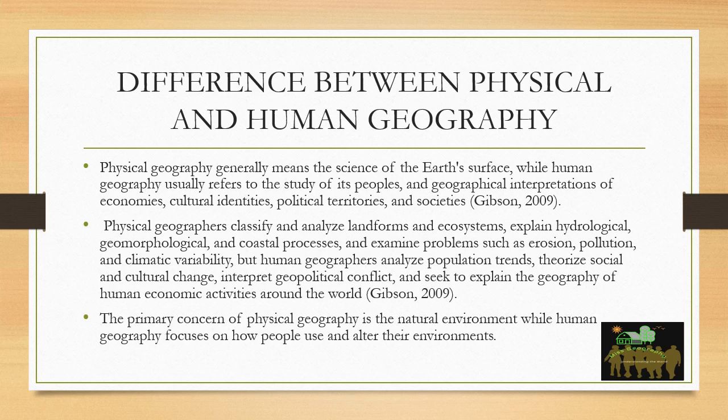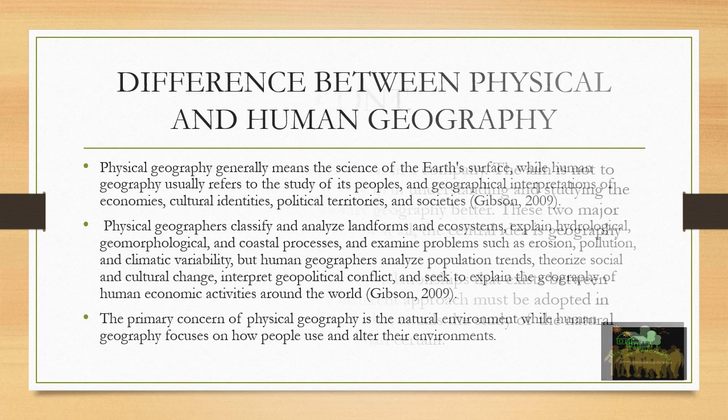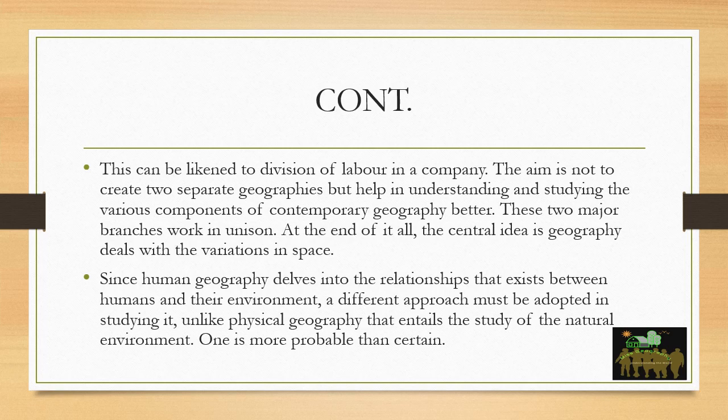So the primary concern of physical geography is the natural environment, while human geography focuses on how people use and alter the environment. This can be likened to the division of labor in a company. For instance, in a manufacturing company, you may have a place where the raw materials are kept, where the production is done, where it is taken for packaging, and a warehouse where it is kept and assembled and taken for distribution.